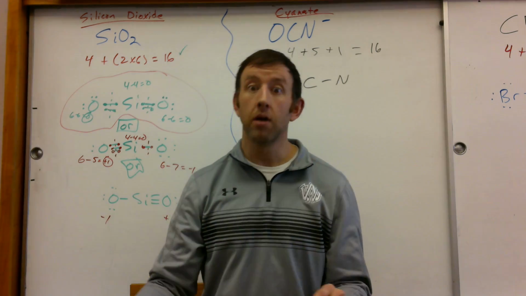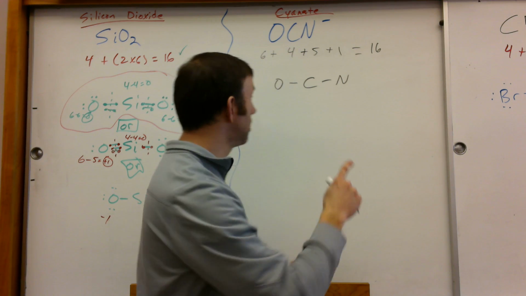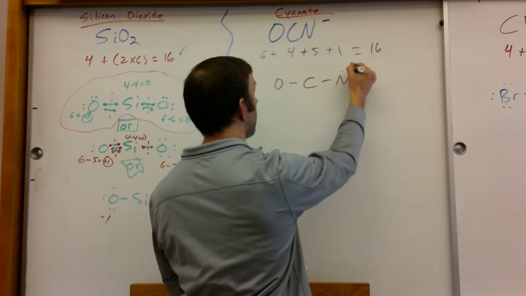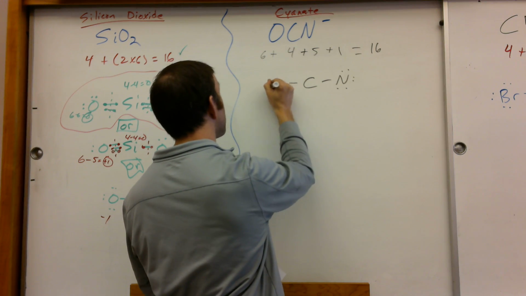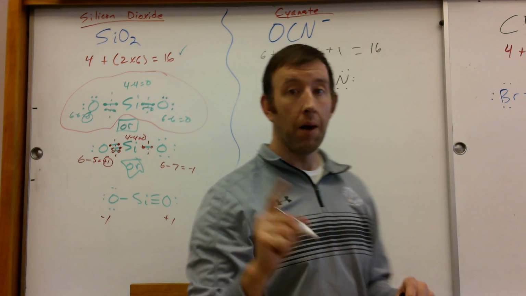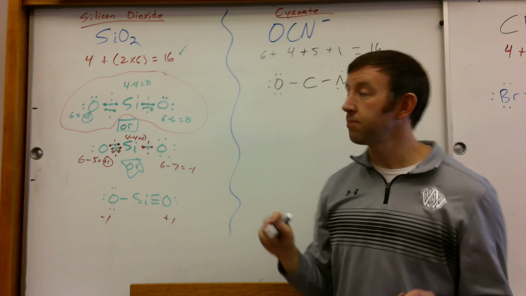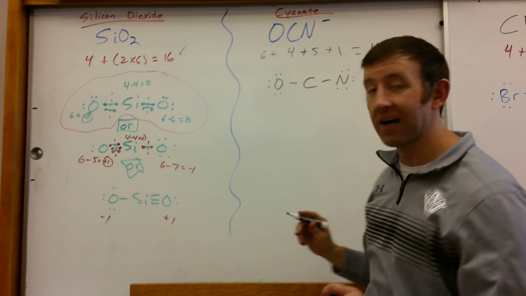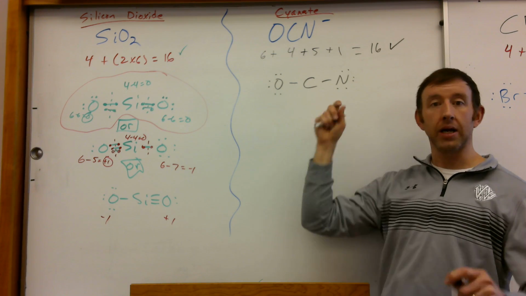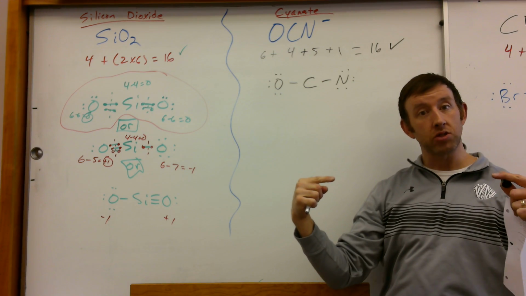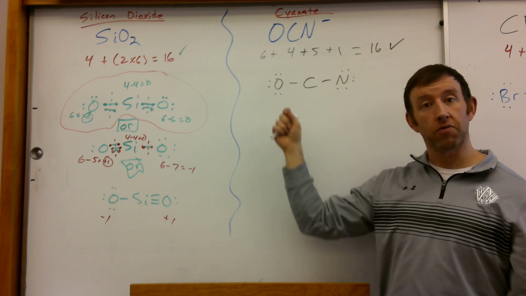Next step, put all my electrons in. So I've got 2, 4, 6, 8, 10, 12, 14, 16. I'm not putting any on my central atom because I've already got all 16 taken care of on my outer elements. All right. Next step down, I need to satisfy my octet for carbon.